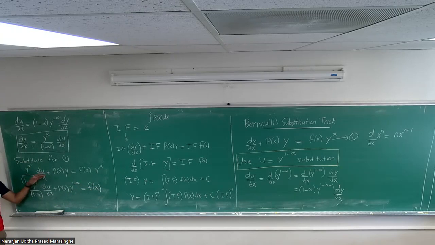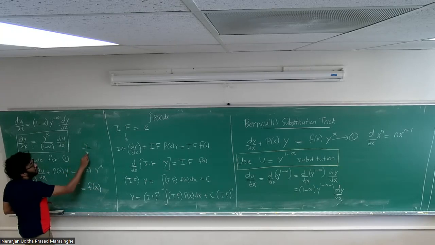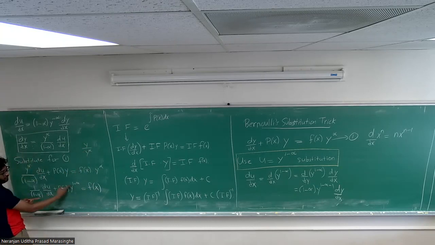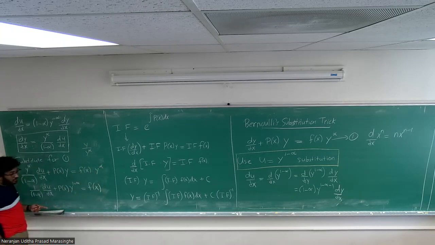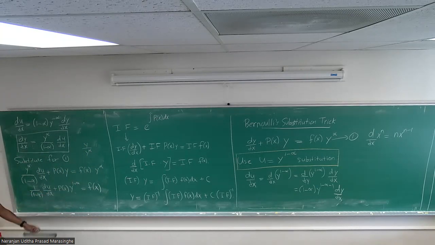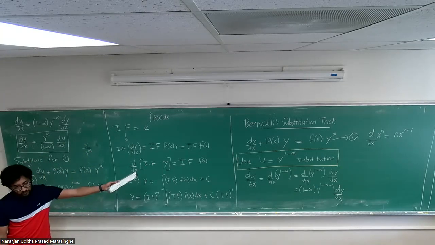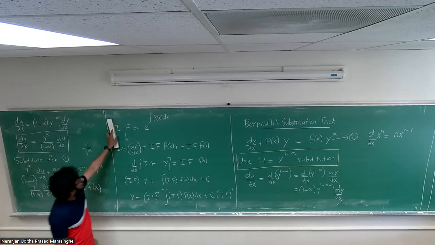I divided each term by y to the power alpha. So this y to the alpha would disappear, and y divided by y to the power alpha would become y to the power 1 minus alpha here, and this y to the alpha also would disappear. Now what can you say about y to the power 1 minus alpha? That's equation 2, right, that's our substitution.